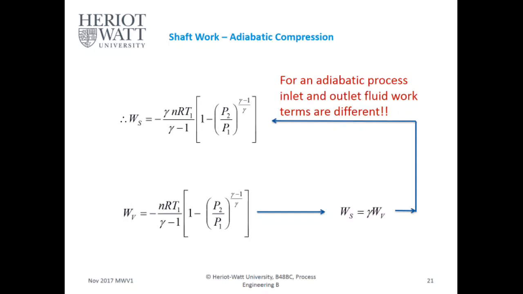And for volume work, it's nRT over gamma minus 1, multiplied by 1 minus P2 over P1 to the power of (gamma-1)/gamma. We calculated that on Thursday, well, we wrote that on Thursday in that workshop. So the shaft work is not equal to volume work. That's an important thing to take from all of this.